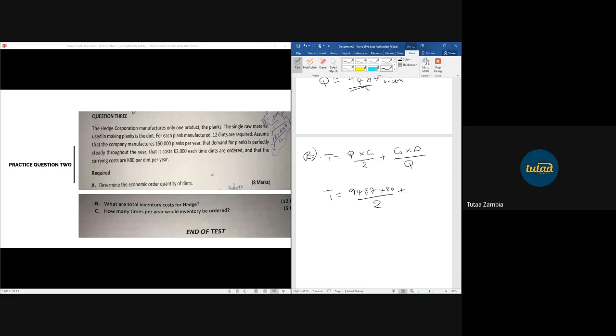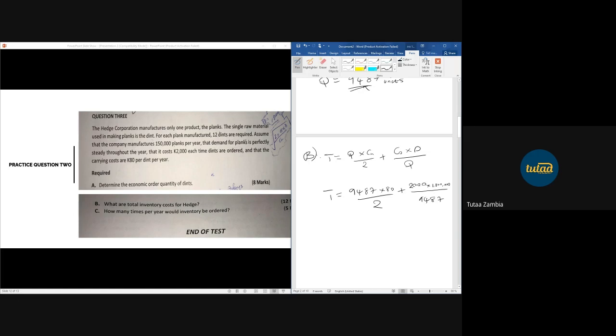We also substitute on the other side. Our ordering cost was 2,000 times our demand of 1,800,000, which I'm squeezing in because it's too long, and then our order quantity again of 9,487.